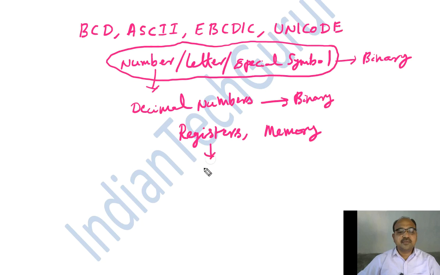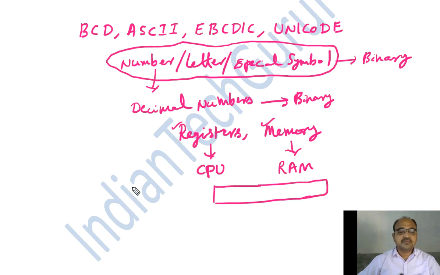Registers will be there inside of the CPU, central processing unit, and memory will be there as a separate entity known as the random access memory. In both of them, let it be CPU registers or memory, the content will be stored in a word of memory.